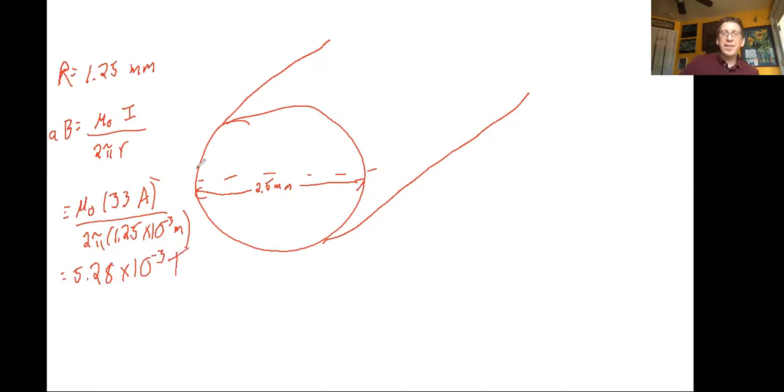So that's the magnetic field at the surface of the wire. All the current is inside. So much like with Gauss's law and with the sphere, the magnetic field, as long as you're outside the wire, is going to be the same as if the wire were simply a line rather than a three-dimensional cylinder.